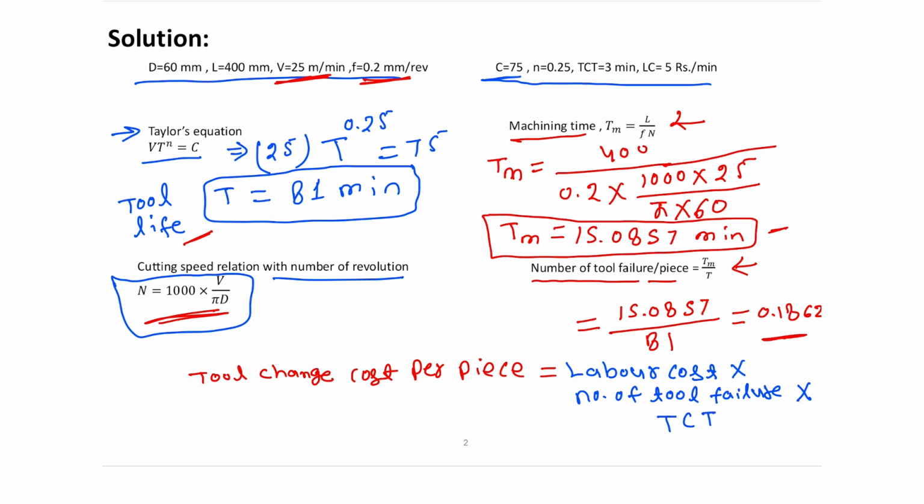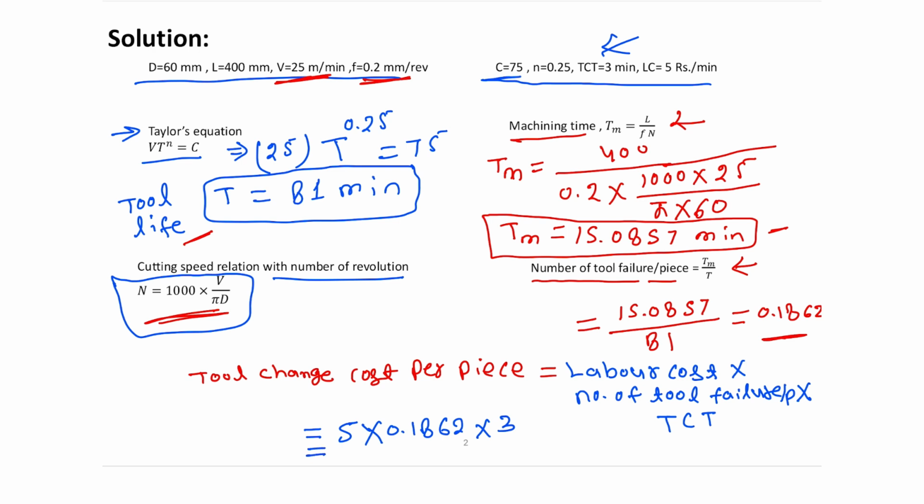This labor cost is 5, into the number of tool failures per piece we got, 0.1862, into the tool changing time they have given, 3 minutes. So how much will we get?